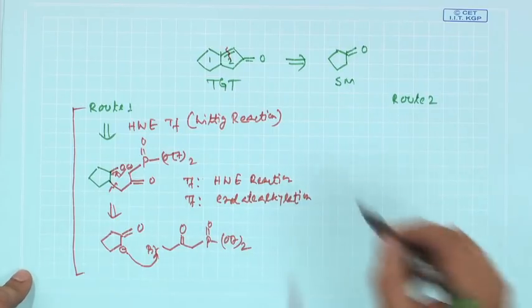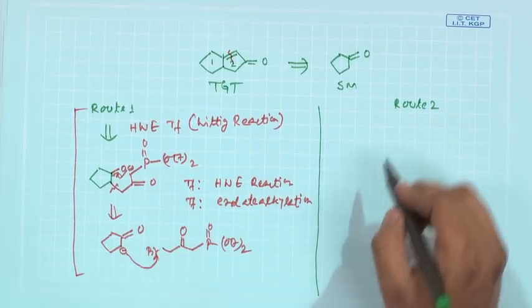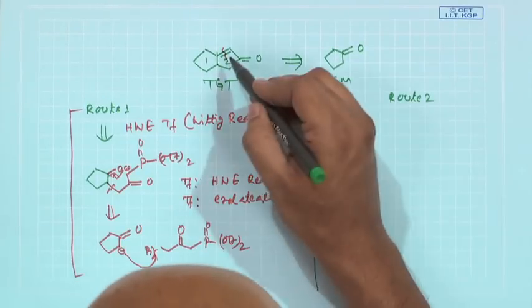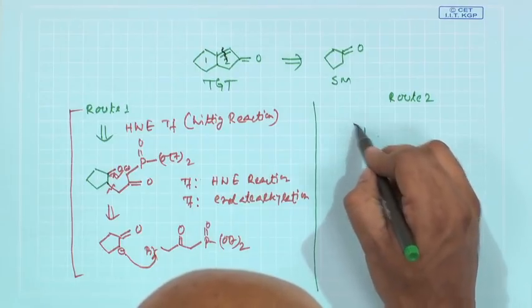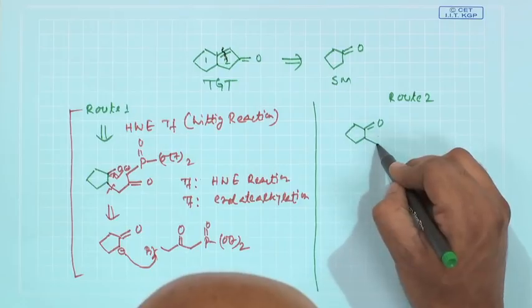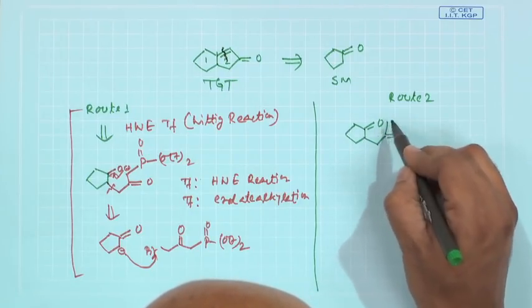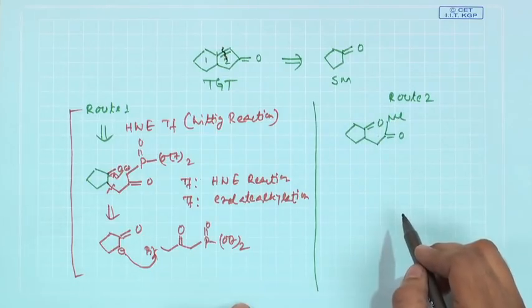Similarly, route 2, if you now try to figure it out, we will have a simplified route. Now, route 2 we say we will be doing in a different way. The initial retro was this, again this same bond, and now we say if you have an intermediate like this, you can easily make it through an intramolecular aldol reaction.